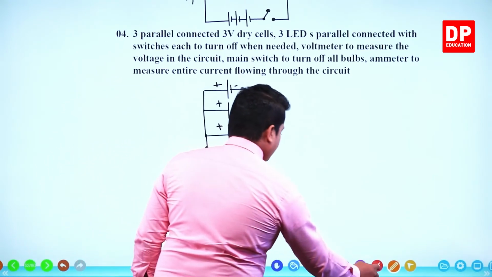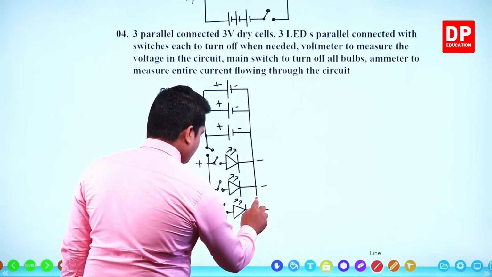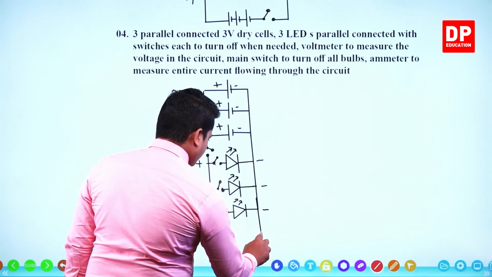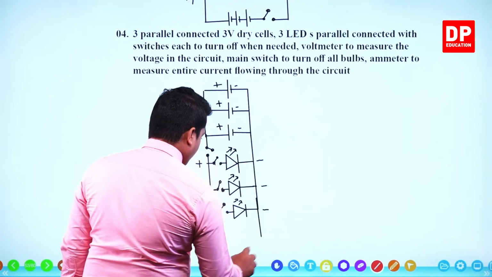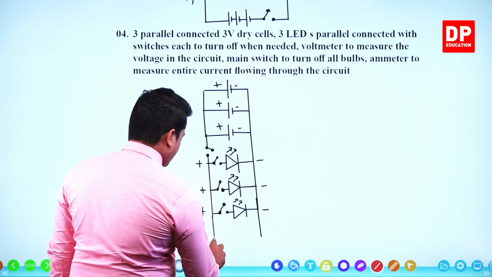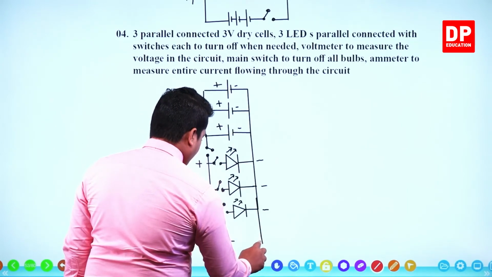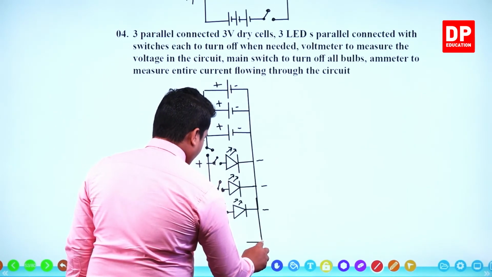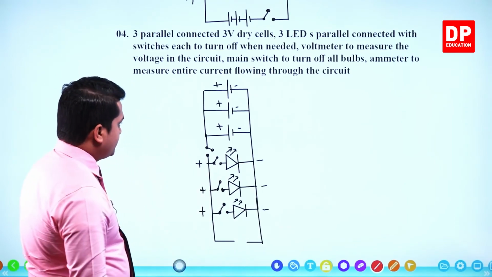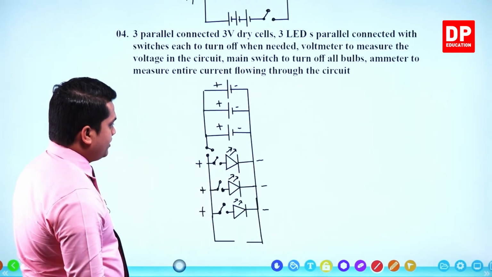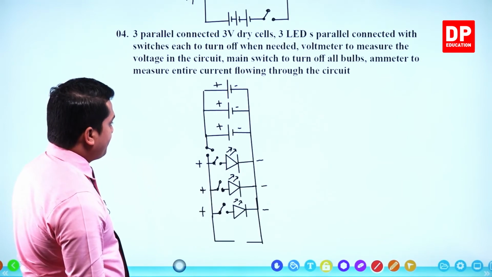So once again, we have to use a voltmeter. So you know that voltmeter should be connected in a parallel connection, right?